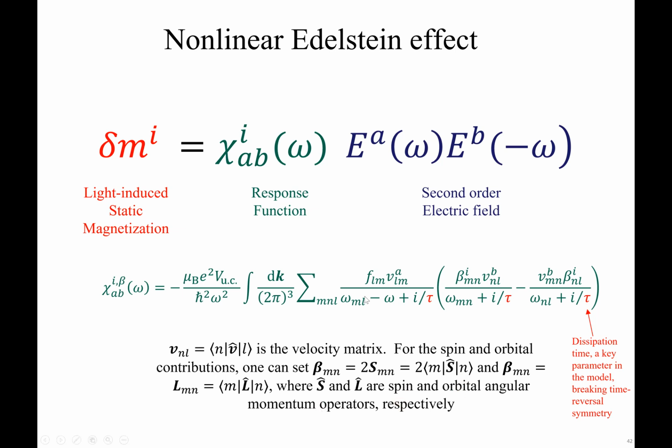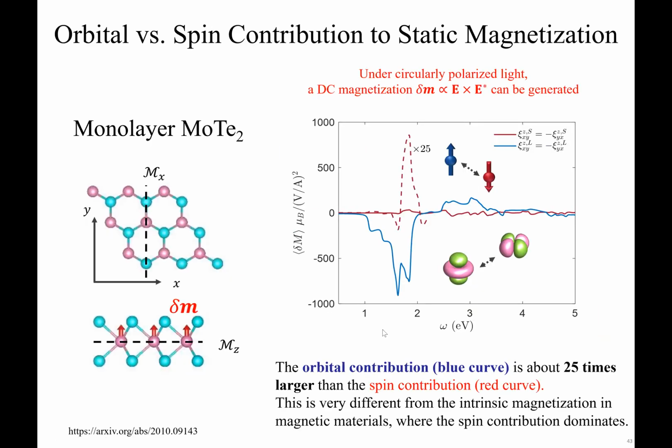And in fact, it's very different from the traditional ground state magnetization, where usually the spin dominates and the orbital contribution very often is just like 10% of the total magnetization in the material because of the crystal field quenching of the orbital angular momentum.